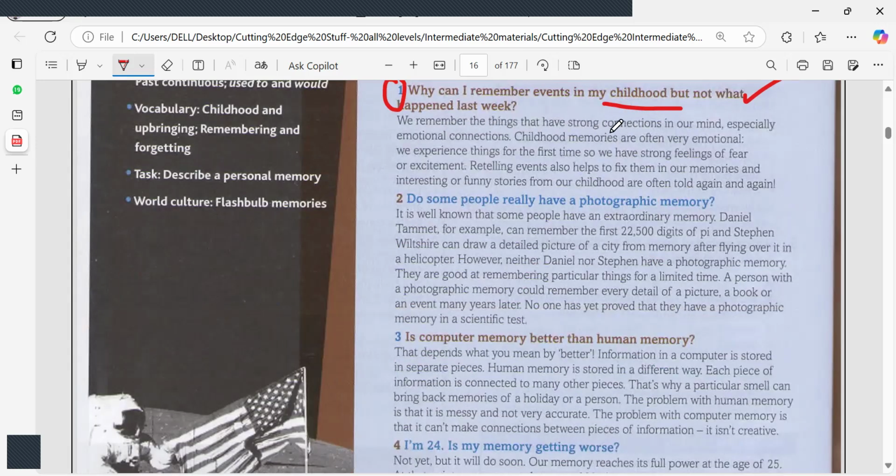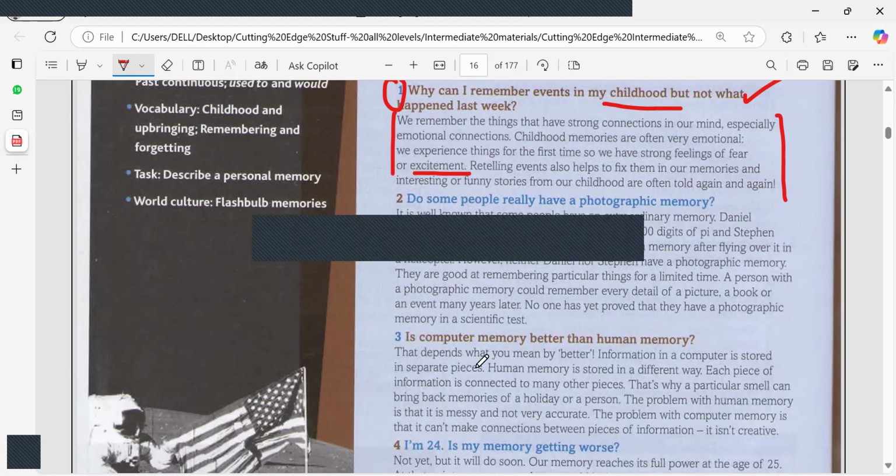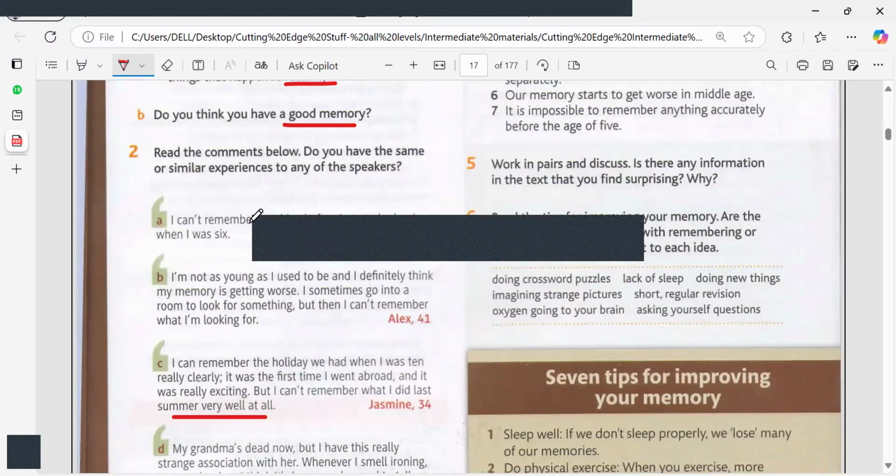Done? In your opinion, Abdulaziz, which comment is this answer related to? With C, I think.